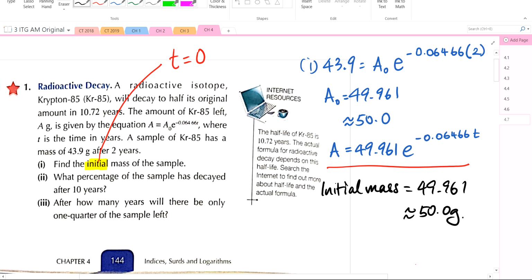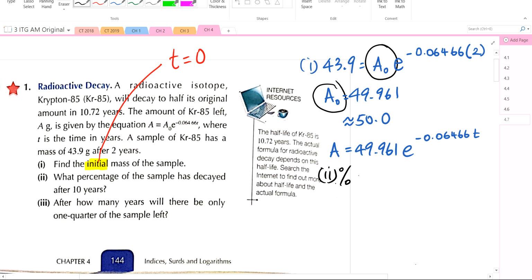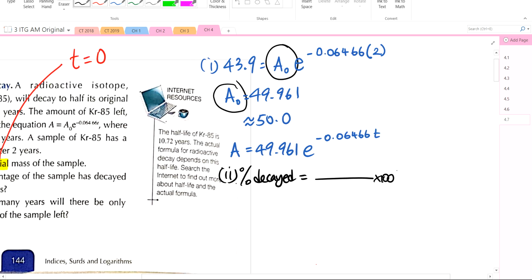So why you get it? Mass be equals to something divided by something times 100%. Okay, I hope you remember this one. Percentage change lah. Times 100%. Okay, what goes in the numerator, what goes in the denominator? If I want the percentage that has decayed.